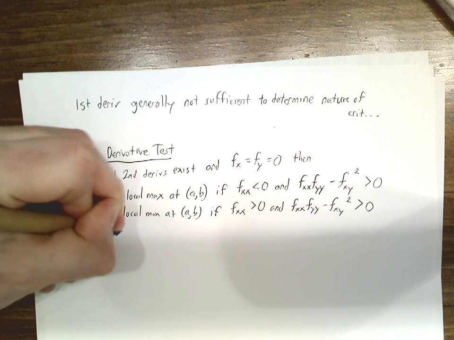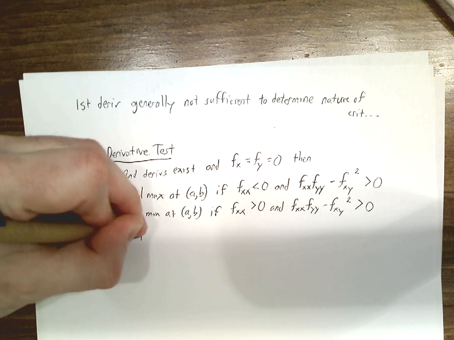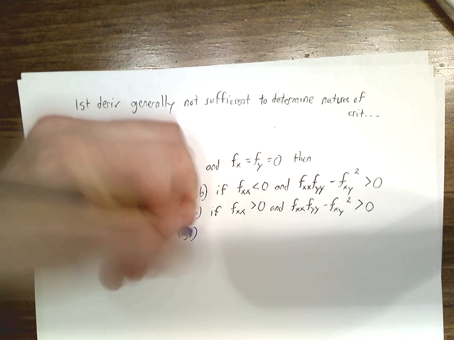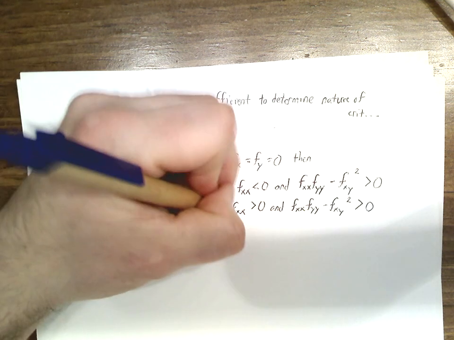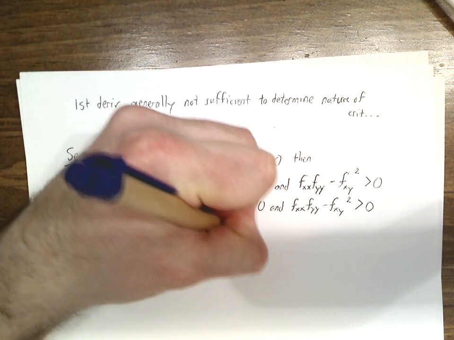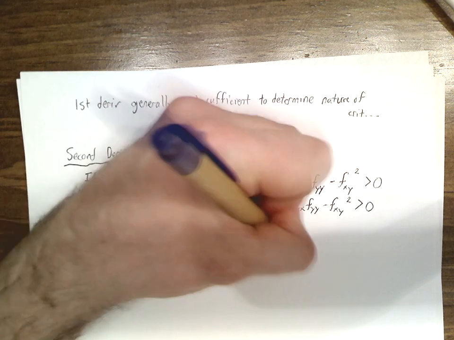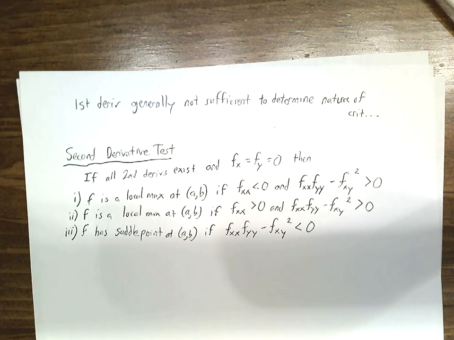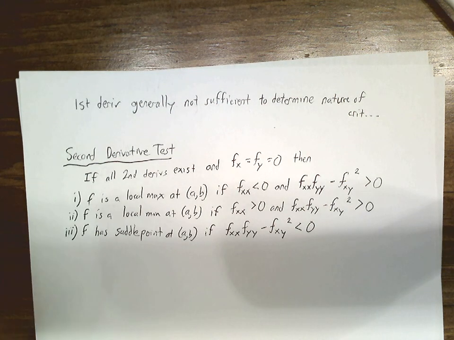F has a saddle point, this new guy here, at (a, b), if we don't need to worry about the double x partial, but we look at this quantity again, and we get a saddle point if it's less than 0. If that's a negative quantity, it's a saddle point.